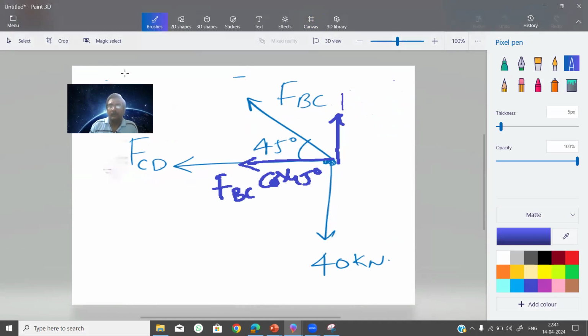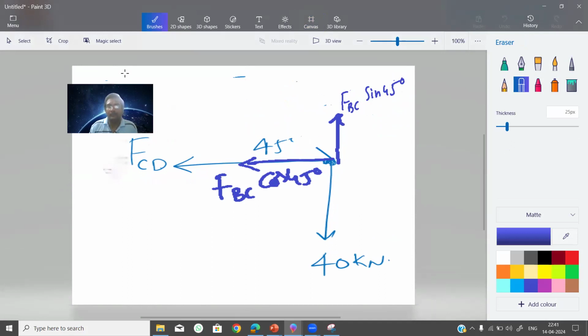Okay, I will write here FBC sin 45 degrees. So once it is transformed, this angular force can be removed. Now I can apply sigma Fx equals 0, sigma Fy equals 0 very happily, right?